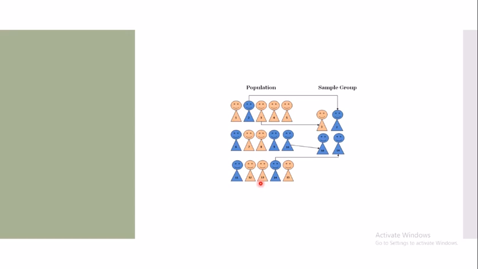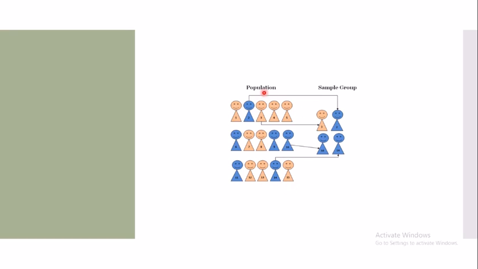Now let's see another example. In the previous 2 examples, you have noticed that when I divided the population into groups or strata, each group had 3 members, so equal numbers of members were there.